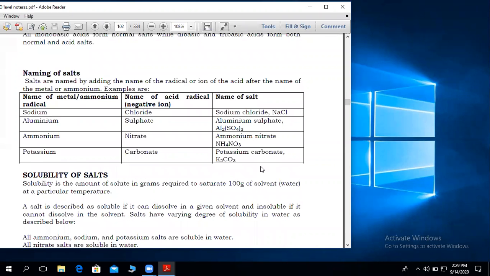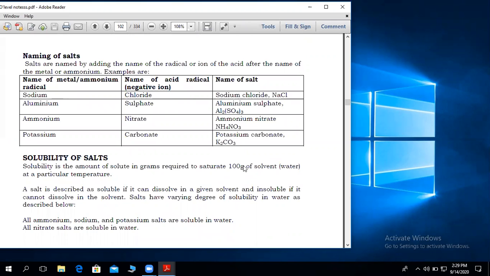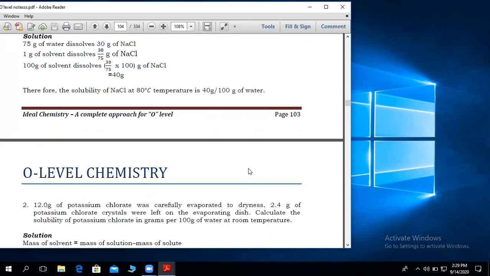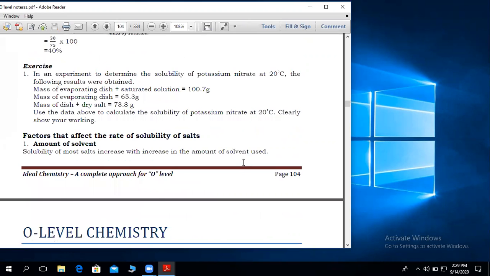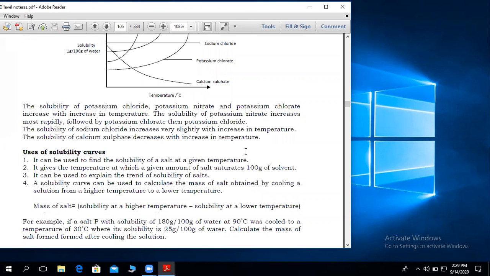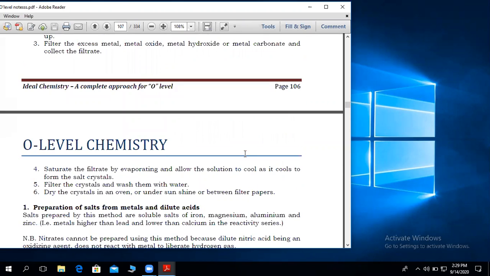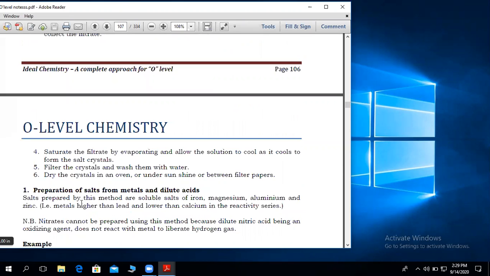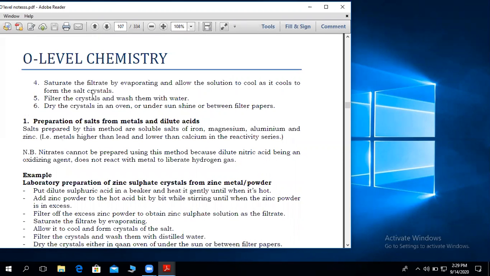This is what we have been looking at. So let me give you an introduction about preparation of salts. Yes, here we are. Preparation of salts from metals and dilute acids.